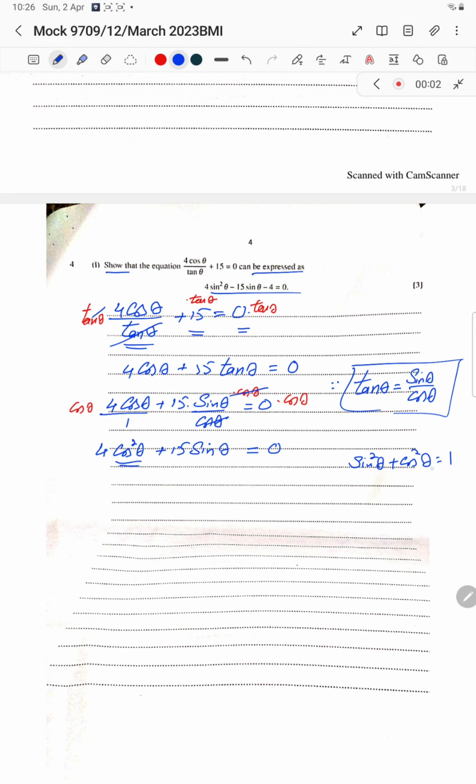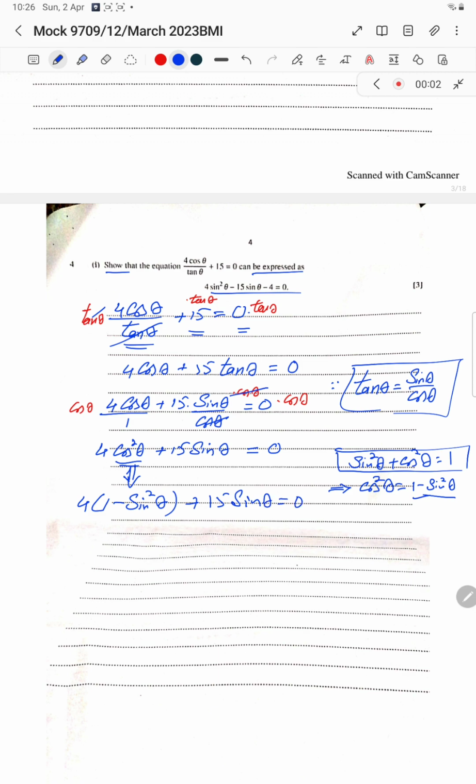So sine square theta plus cos square theta is 1, which means cos square theta is 1 minus sine square theta. So replace this cos square theta with this: 4 into 1 minus sine square theta plus 15 sine theta equal to 0.